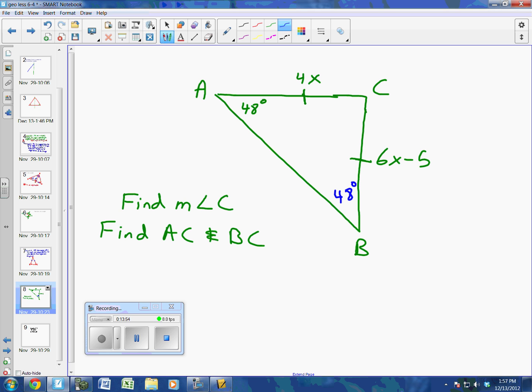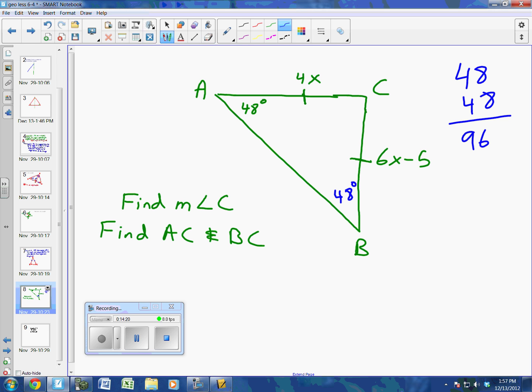Okay, now it says find the measure of angle C. How are we going to find the measure of angle C? What's 48 plus 48? 84. No, 94. No. It's 96, sorry.